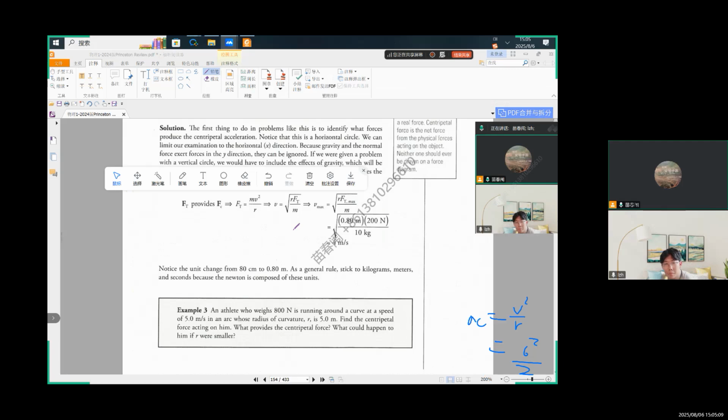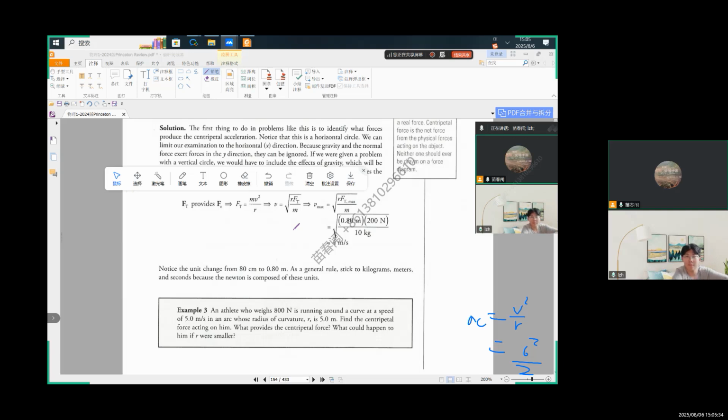Example 3. Wait, so is this still centripetal force? Yeah. It's still centripetal force, right? They'd ask you centripetal force.